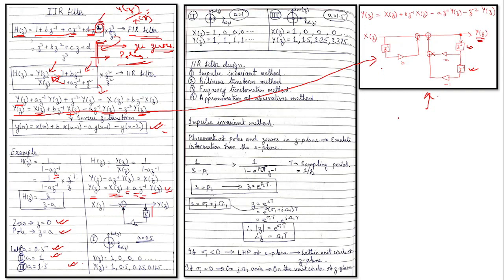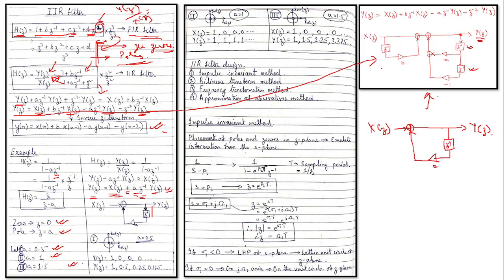So in the simplest terms, X(z) goes to the adder, then you take the output, but we have a second component also, the z inverse multiplier, which goes to the adder. It is as simple as that.